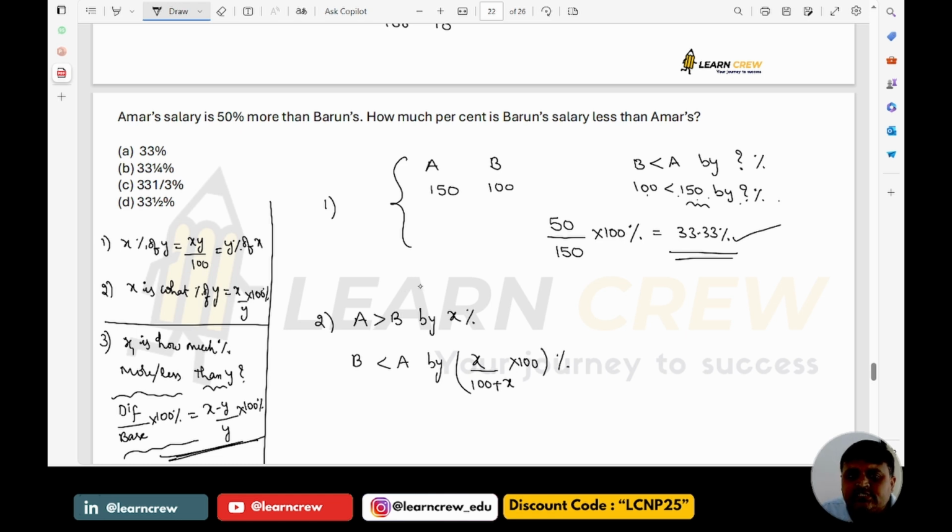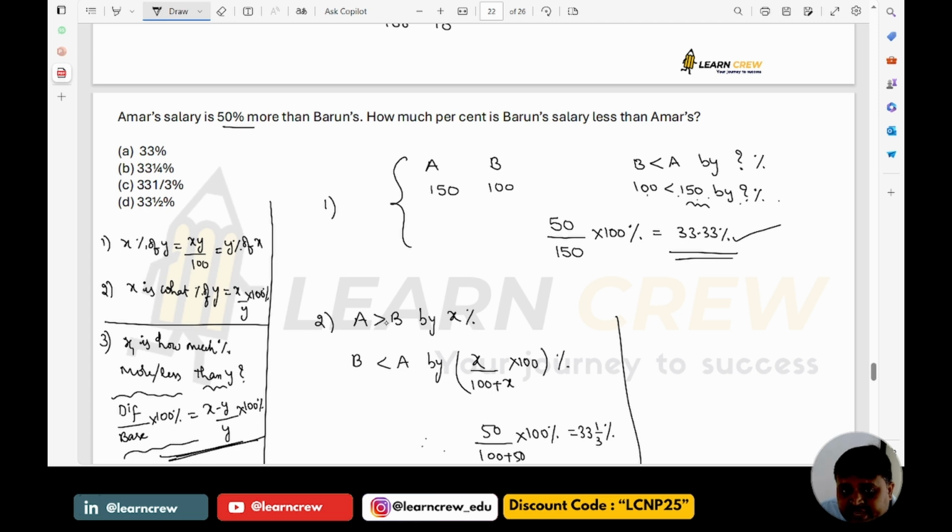So A is more than B by how much X here? 50 percentage. X here 50. So 50 by 100 plus 50 into 100. Direct formula application, you will get 33.33 percentage.